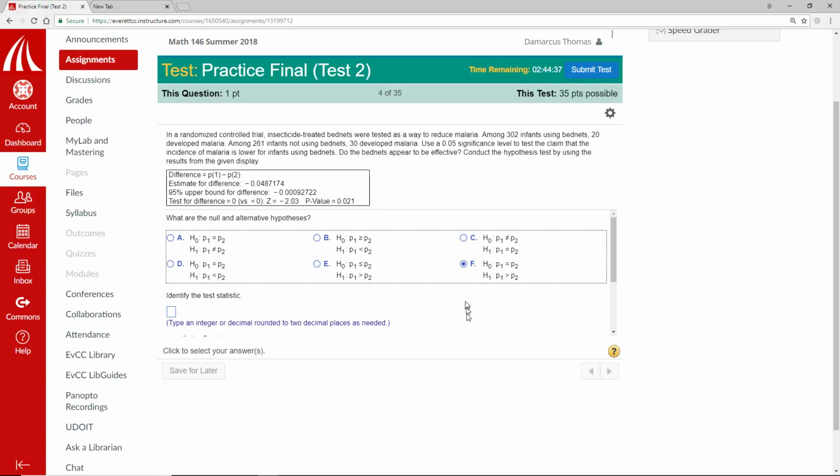And so what we're going to do is set up our null and our alternative hypothesis like this. The assumption is that, first of all, there is no difference. And then the claim, we're going to see if we have enough evidence to support the claim that the first population, the people using bed nets for the entire population, is better. If it's true, then guess what?